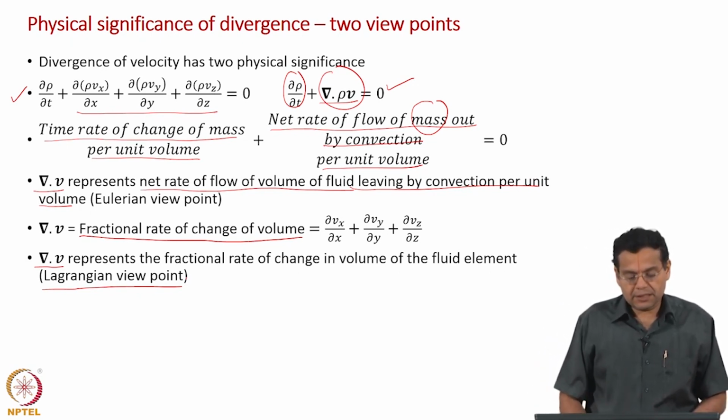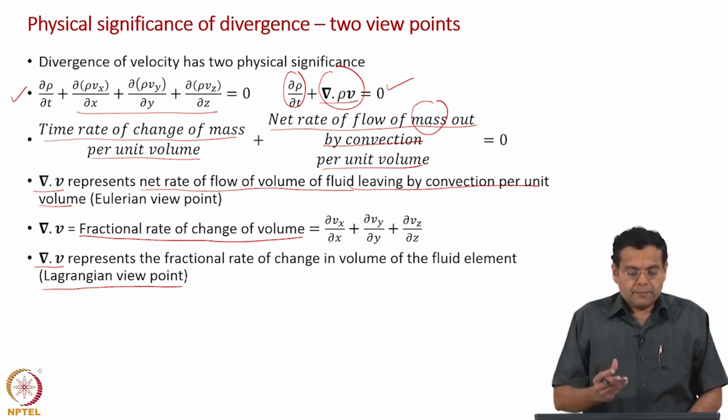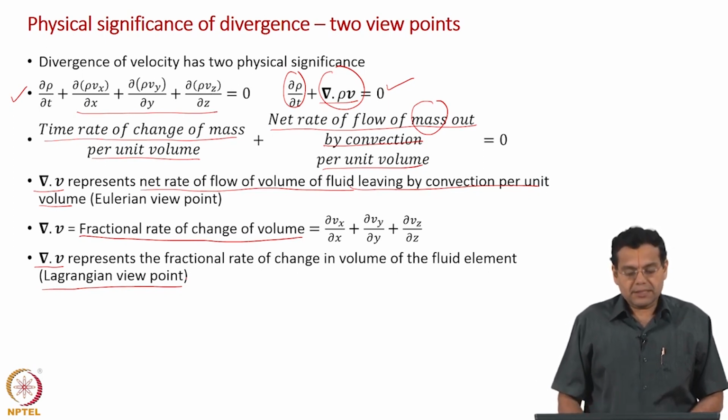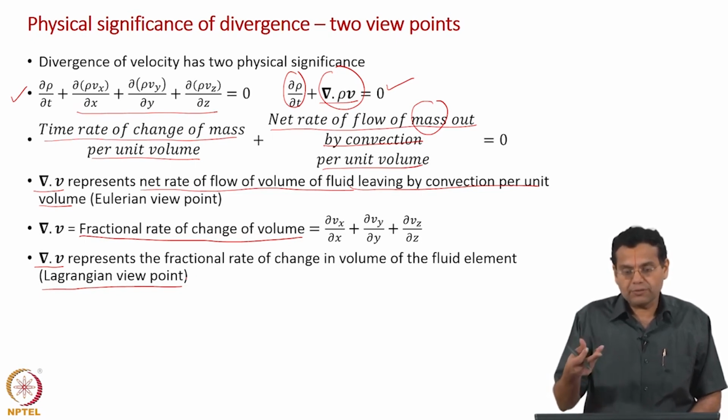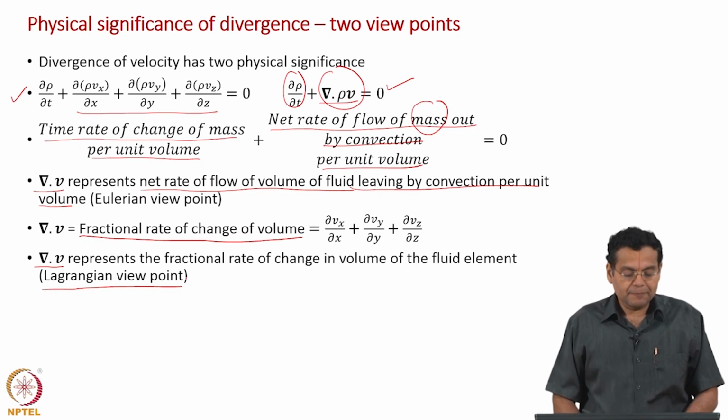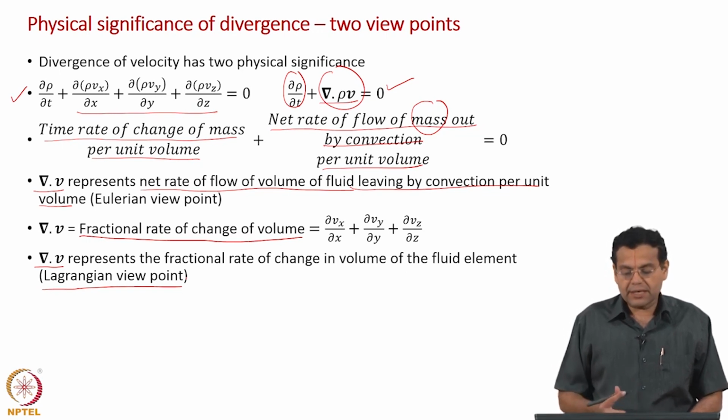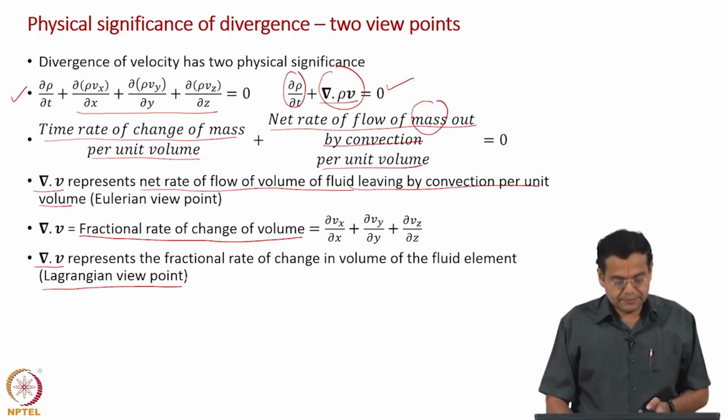Remember when we discussed normal strain rate, shear strain rate, and similarly volumetric strain rate, all the derivatives are substantial derivatives, capital D by dt. So, all the derivatives are following the fluid motion, and that is why del dot V, the fractional rate of change of volume, represents what we would observe if we follow a fluid element.